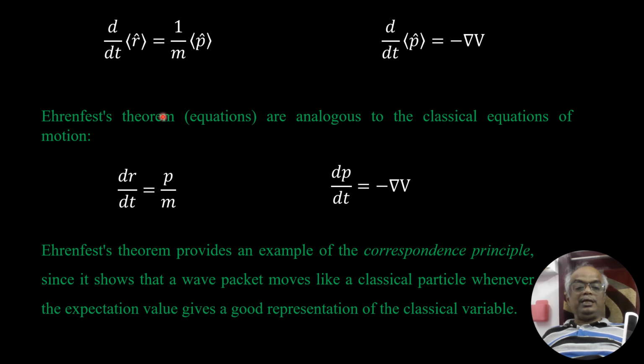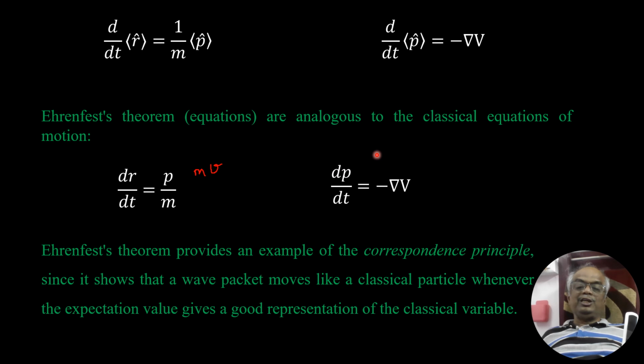These Ehrenfest theorem equations are analogous to the classical equation of motion, dr/dt equal to p over m. I have explained that this is velocity, this is mass, and momentum is mv, mass into velocity. So mass will get cancelled. It is exactly equal to the velocity.